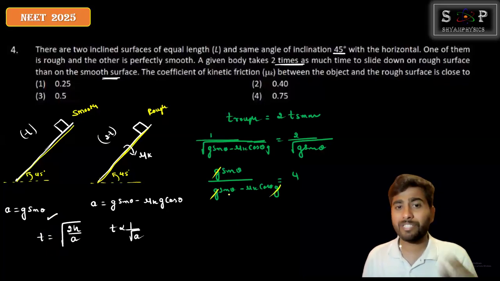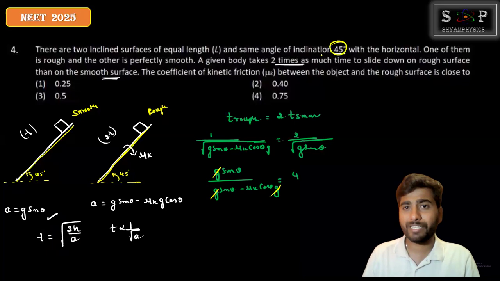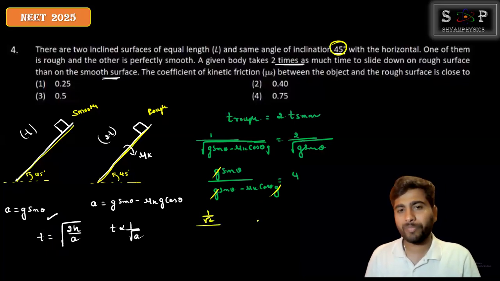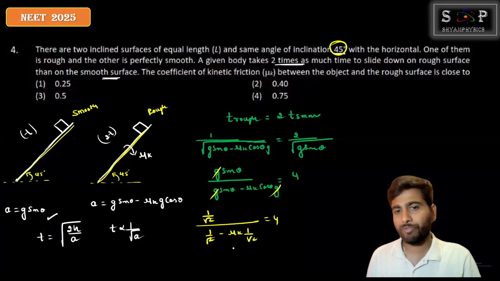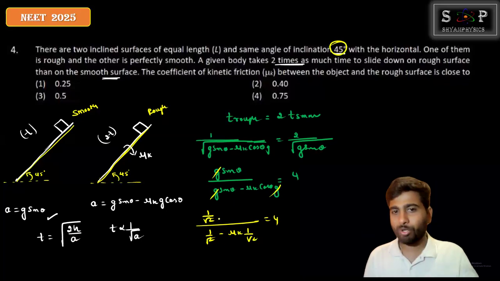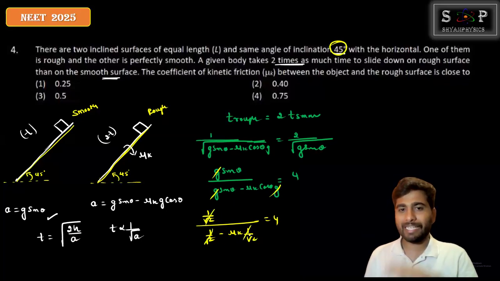Correct now? Next, the theta value here is 45 degrees. Substitute 45. Sin 45 is 1 by root 2, divided by 1 by root 2 minus mu k into cos 45, also 1 by root 2, is equal to 4. Taking 1 by root 2 common from both, I can cancel everything. So I will get 1 divided by 1 minus mu k is equal to 4.